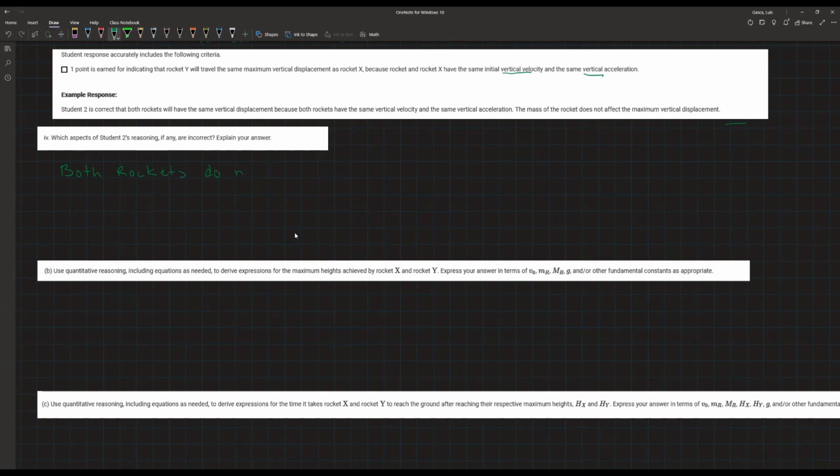So both rockets do not, or that kind of sounds bad, starting out with both.